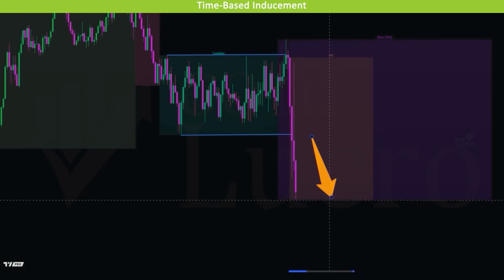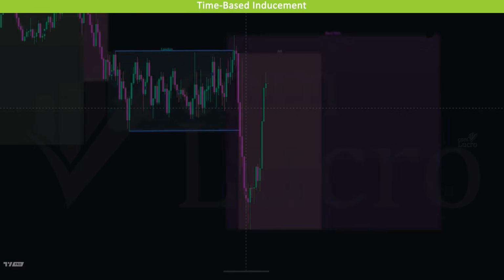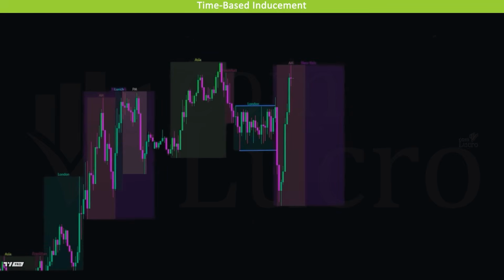The bearish move now appears confirmed, and new sellers begin entering the market. But once again, the market reverses aggressively, collects additional liquidity, and then delivers the actual move that smart money intended from the very beginning. This entire process is a classic example of time-based inducement.